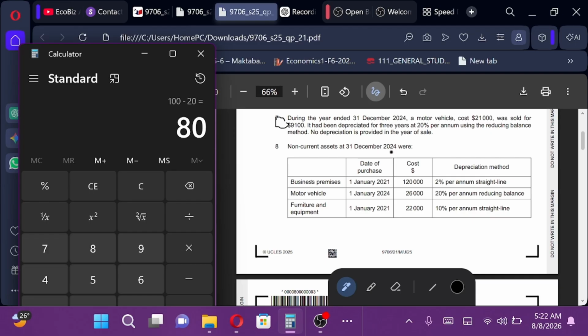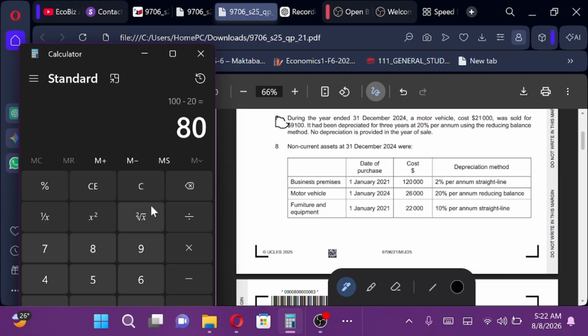So to find the one that we're calculating for this year, we take 100% minus 20%, because here it says cost 21,000. Now this 20% is for 26,000. So to find the other amount, which is 21,000, we take 100 minus 20%, which is 80%.